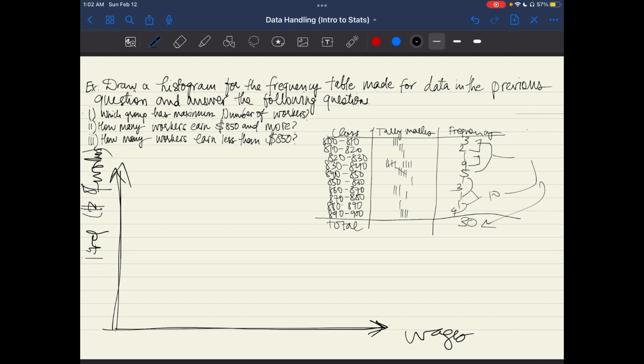Again, as we learned before, we're going to have a kink here because we're starting our data from 800, and as we have no data to display from 0 to 800, we'll have this kink showing that there's no data to represent in that area.